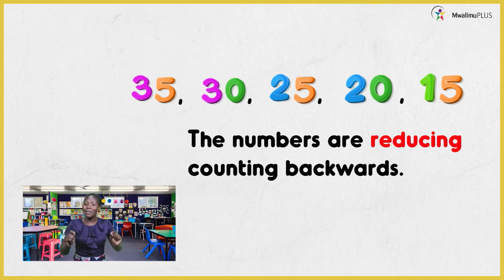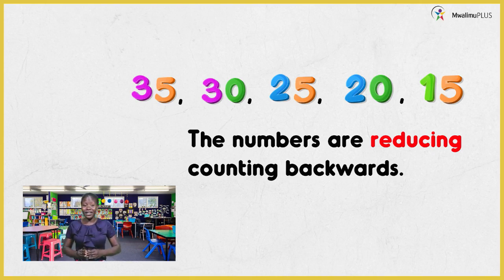So, when the numbers are reducing by a particular number, for instance, here they are reducing by 5, it means that these numbers are counting backwards by 5. In short, they are subtracting 5 steps. 35, you take away 5 steps going backwards, you reach 30. 30, 5 steps backwards, 25. 25, 5 steps backwards, 20. 20, 5 steps backwards, 15. The numbers are reducing. This is counting backwards.